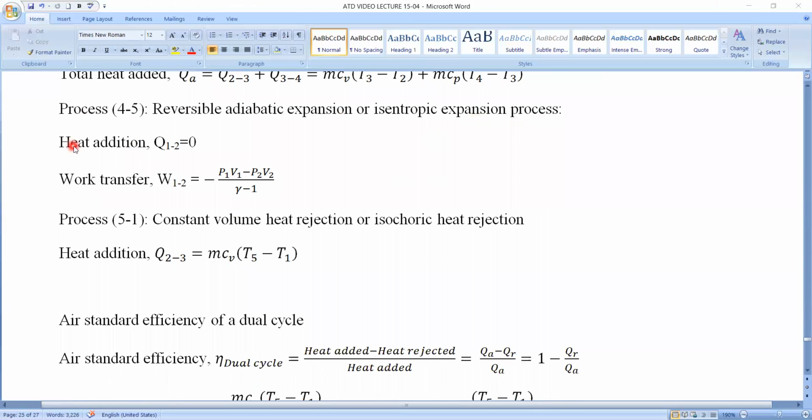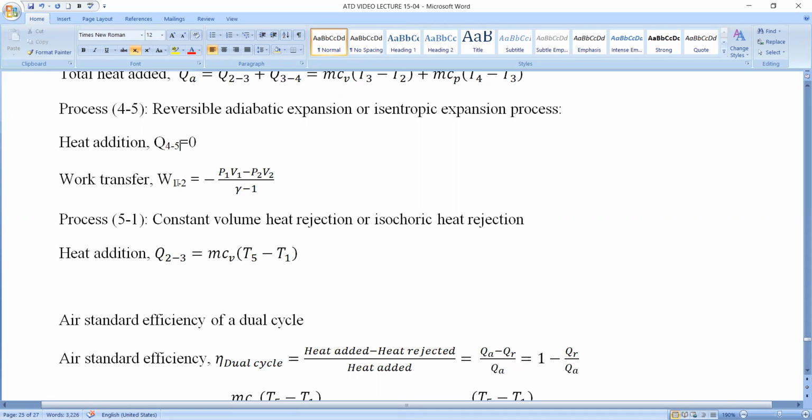During the isentropic or adiabatic process, heat transfer is equal to 0. So Q4 to 5, the heat transfer, is equal to 0.